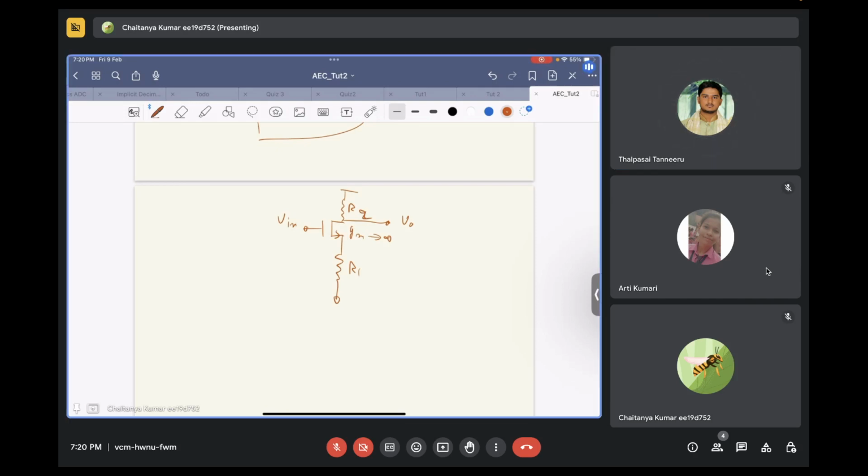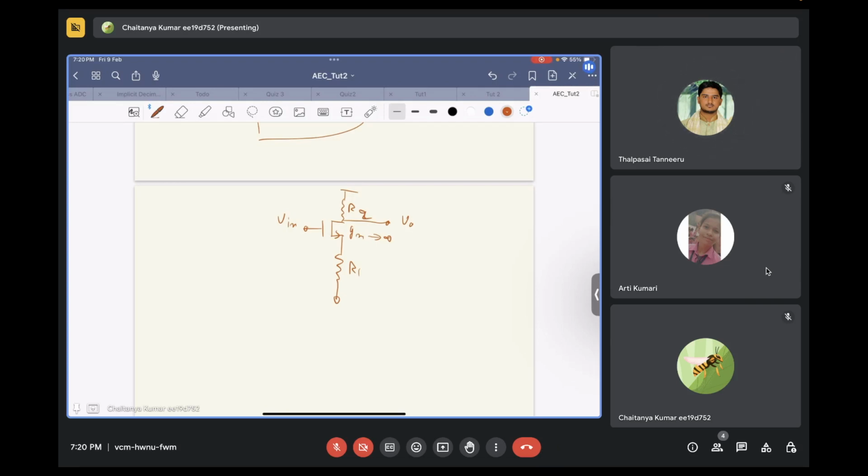Let's say while checking the negative feedback, all the inputs have to be de-energized. You understand the meaning of this? All the input voltage sources have to be shorted. The current sources have to become open circuited while analyzing the negative feedback of the circuit.